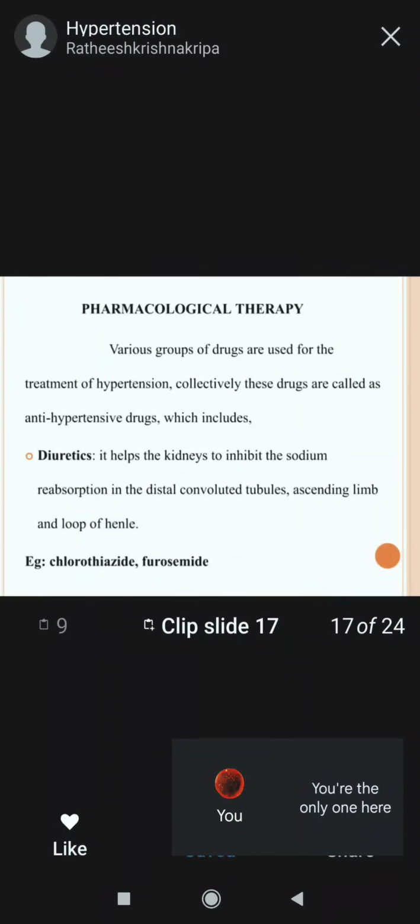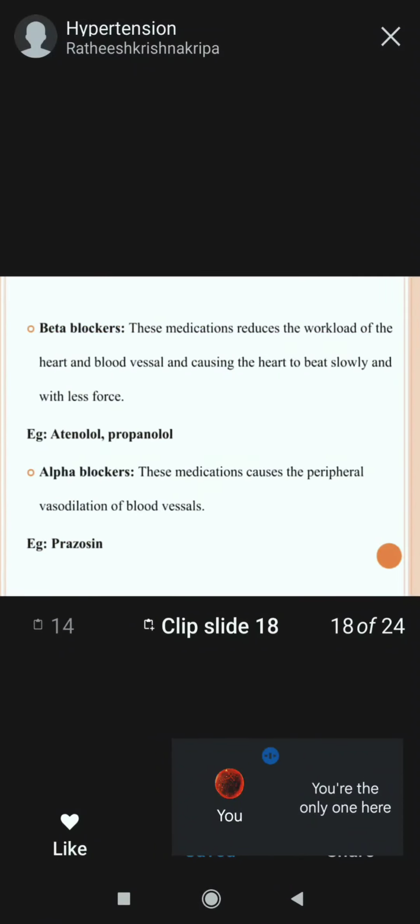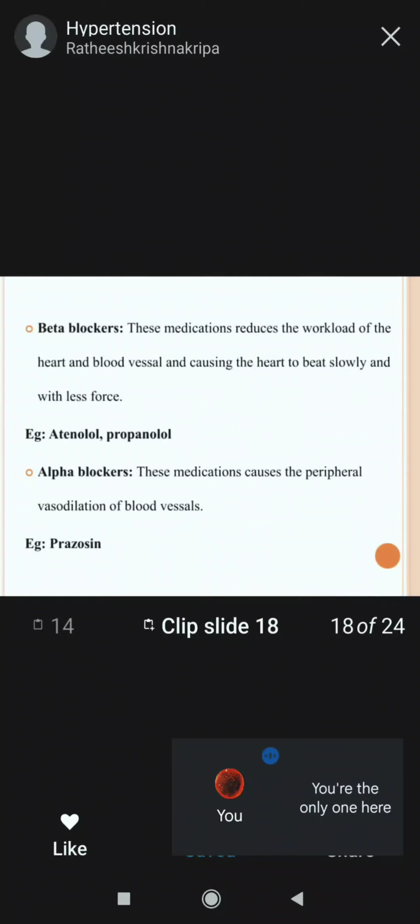Examples of two drugs are chlorothiazide and furosemide. Beta blockers include atenolol and propranolol. Alpha blockers cause peripheral vasodilation of the blood vessels. An example of an alpha blocker drug is prazosin. Beta blockers reduce the workload of the heart.